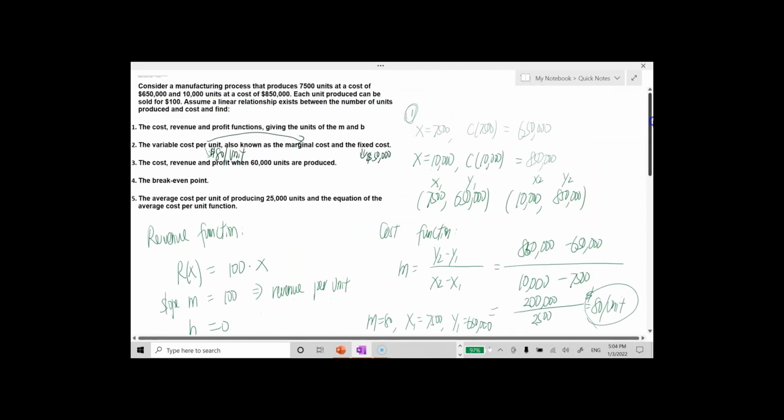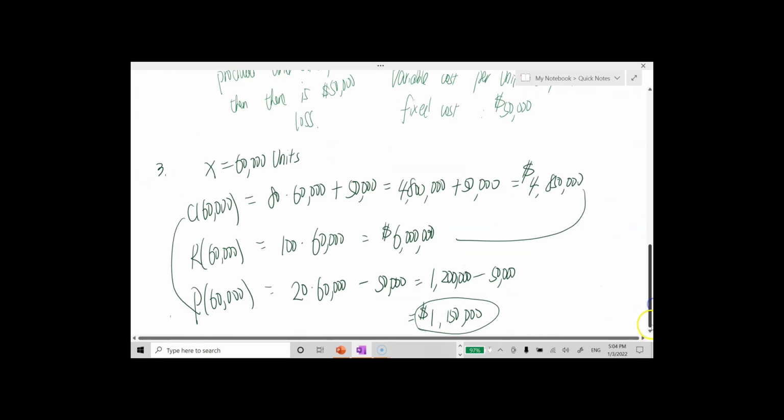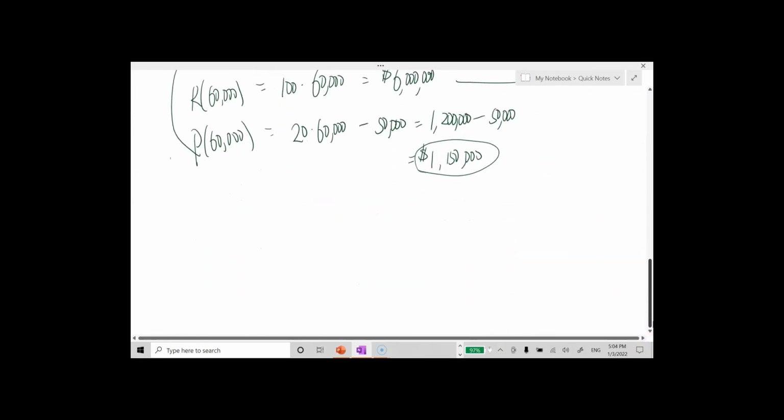And part 4 is called the break-even point. Break-even means no profit, meaning the profit function is 0. We know that the profit function is 20x minus 50,000. Set it to 0, then we can solve for x.